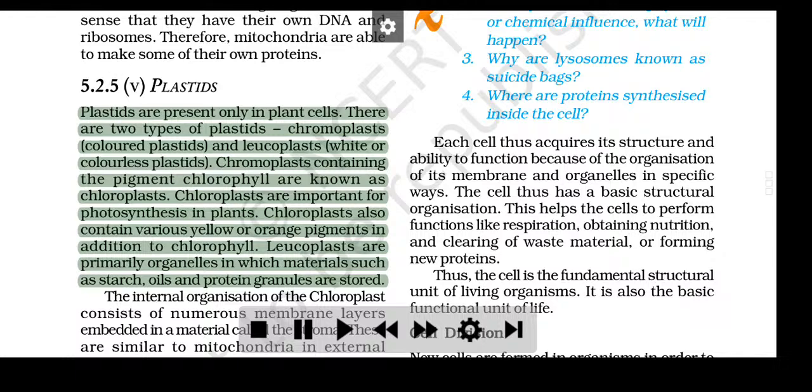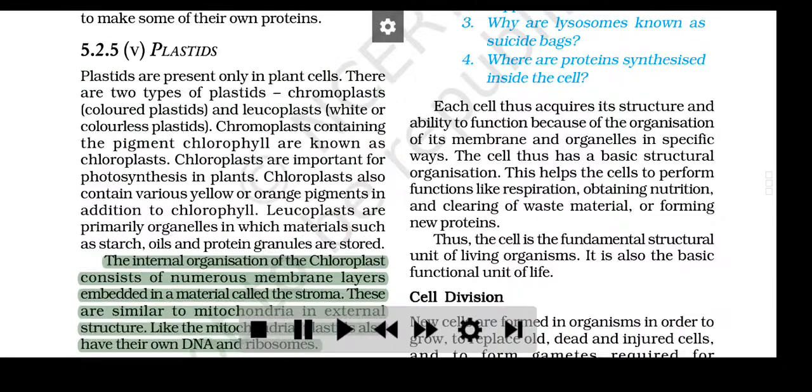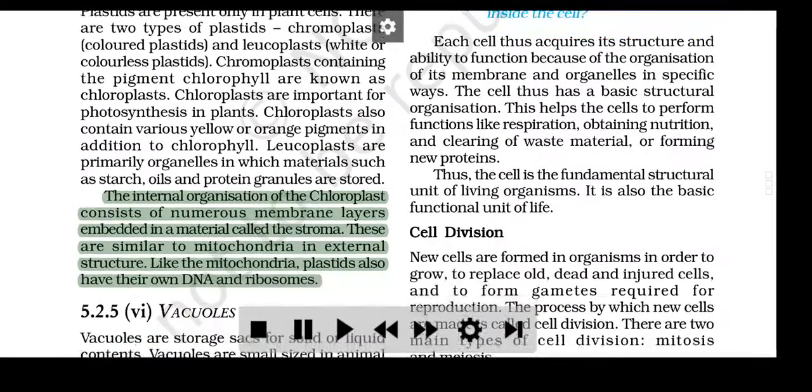Leucoplasts are primarily organelles in which materials such as starch, oils and protein granules are stored. The internal organization of the chloroplast consists of numerous membrane layers embedded in a material called the stroma. These are similar to mitochondria in external structure. Like the mitochondria, plastids also have their own DNA and ribosomes.